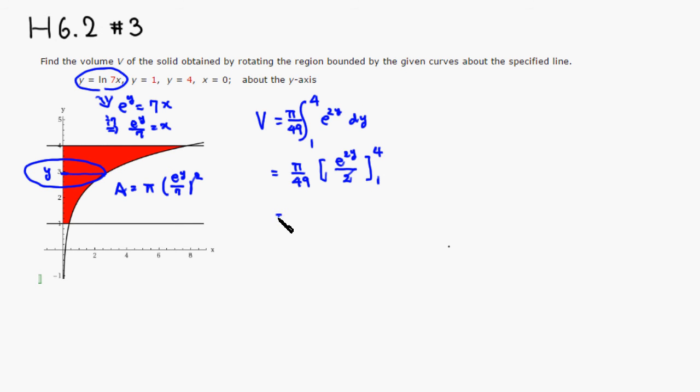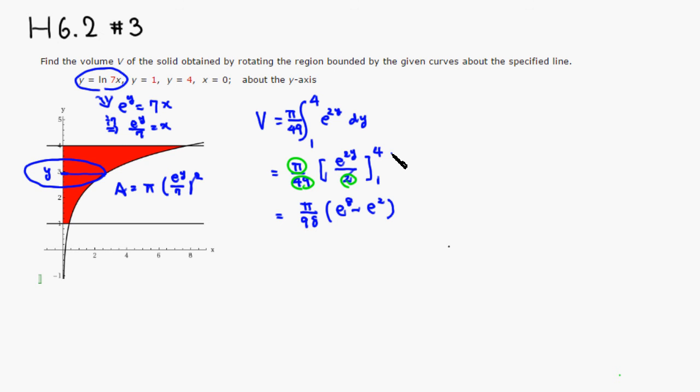So this is going to be pi over 98, since I combined 49 and 2 and the pi. Then plug in 4, so you have e to the 8th power, minus plugging in 1, e squared.